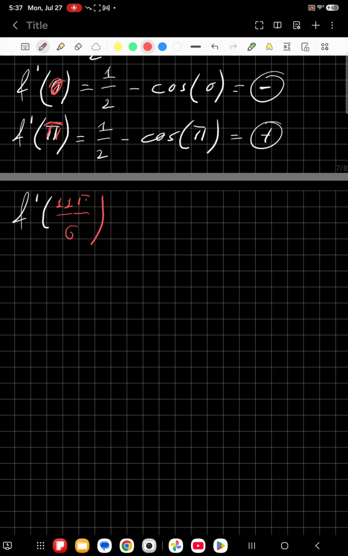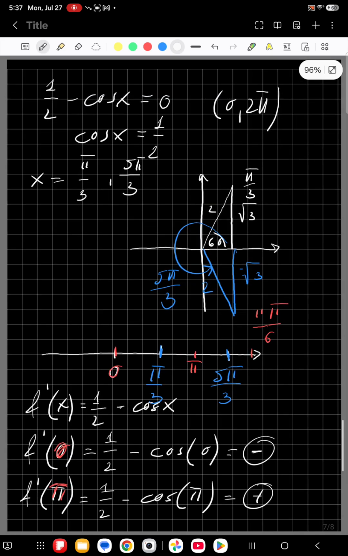So I could pick any angle as long as it's in this interval. It needs to be between 5 pi over 3 and 2 pi, right? So it needs to be here.